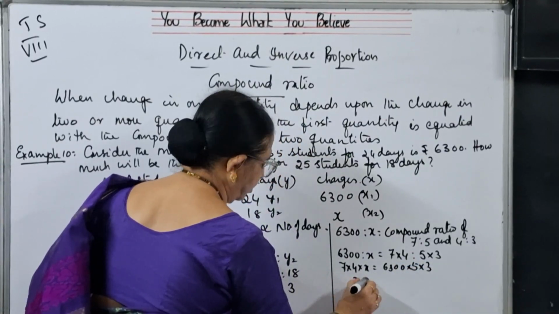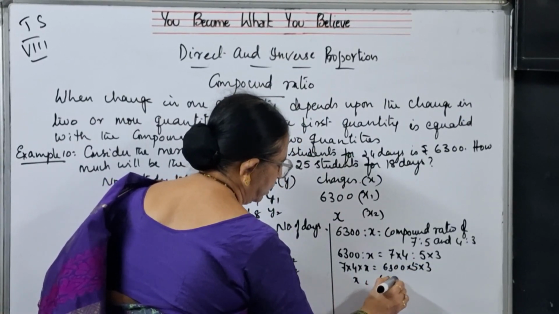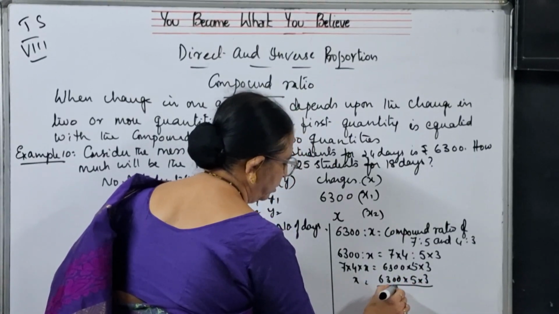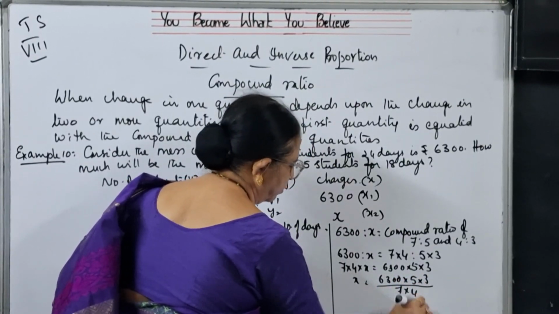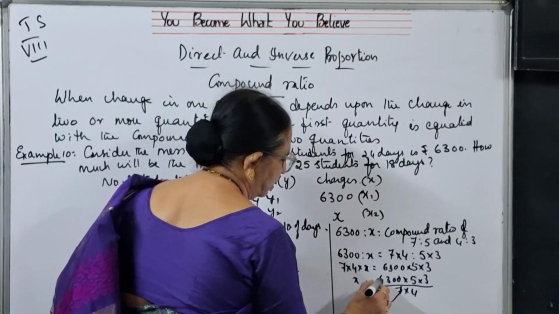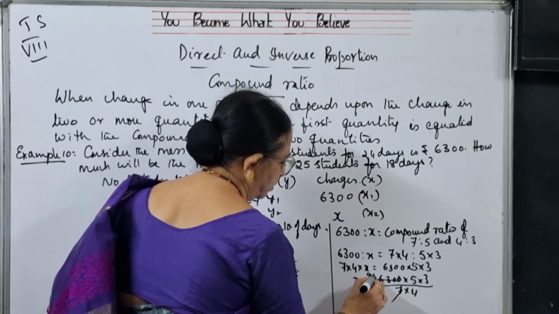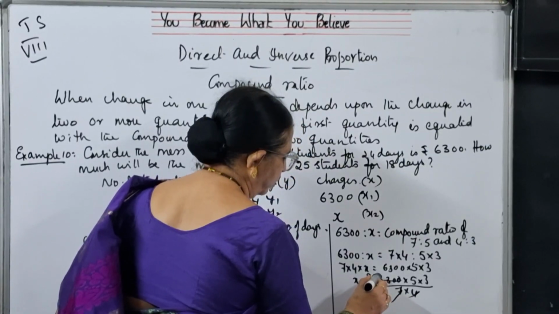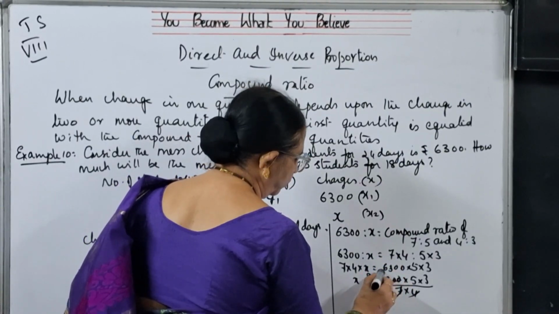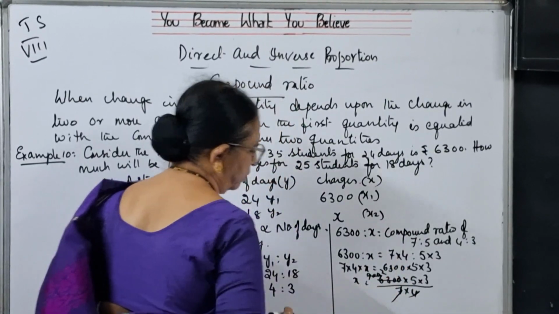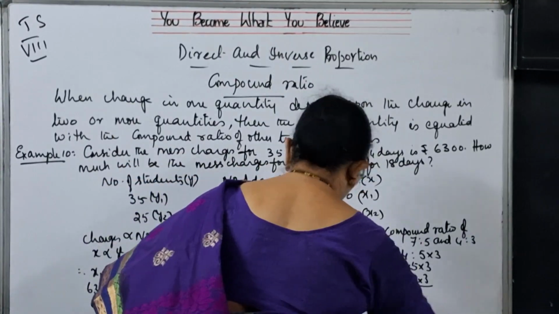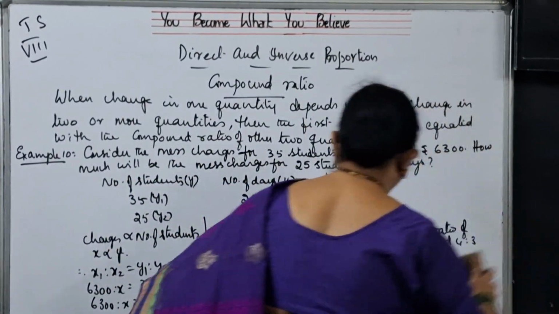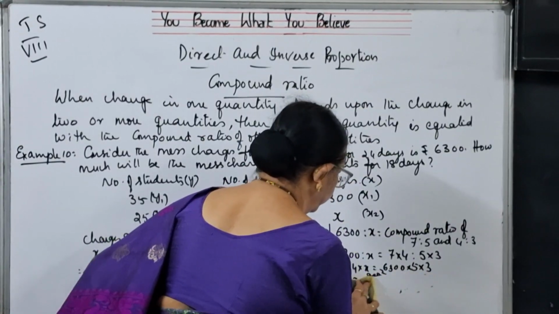So what is x? 6300 into 5 into 3 by 7 into 4. 7 9s are 63, so this is 900. Again 4 2s are... I need space, so I'll just write in some other place. Here division, I need space.